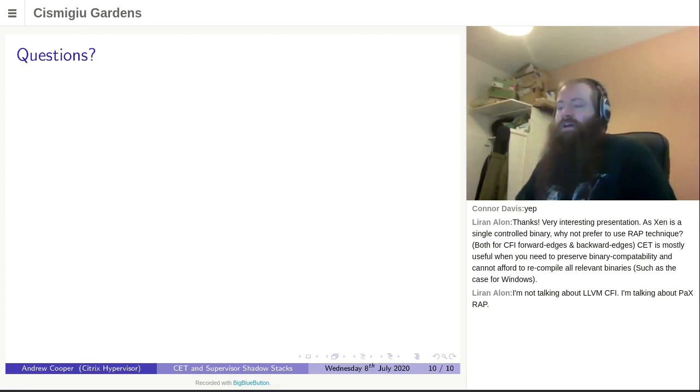So the PAX wrap still suffers from the same problem. It can be done without link time optimization, but the overhead is actually quite high for that.